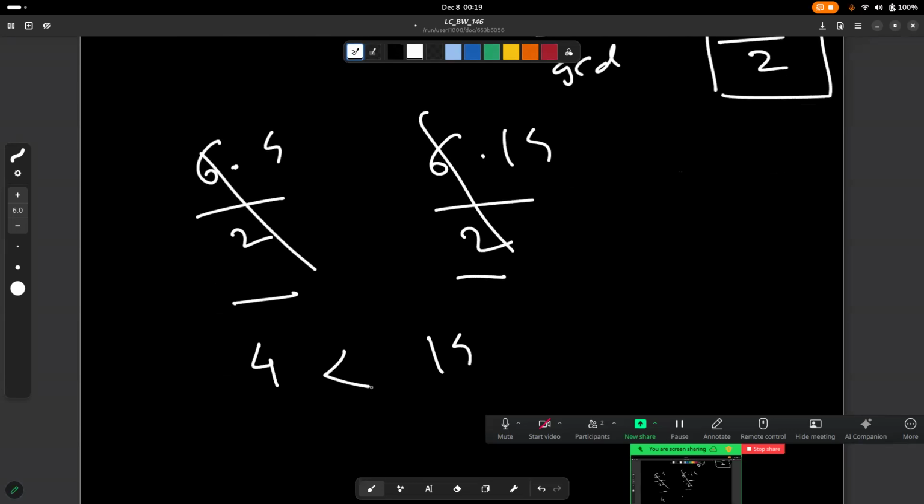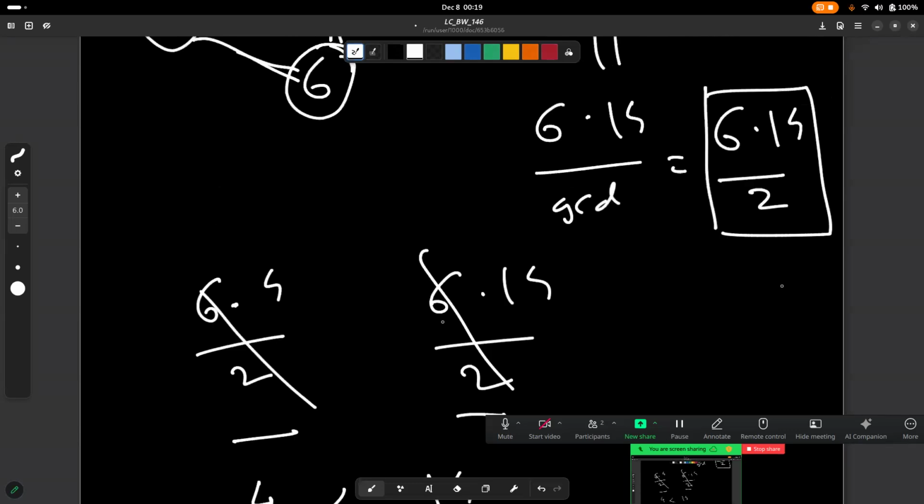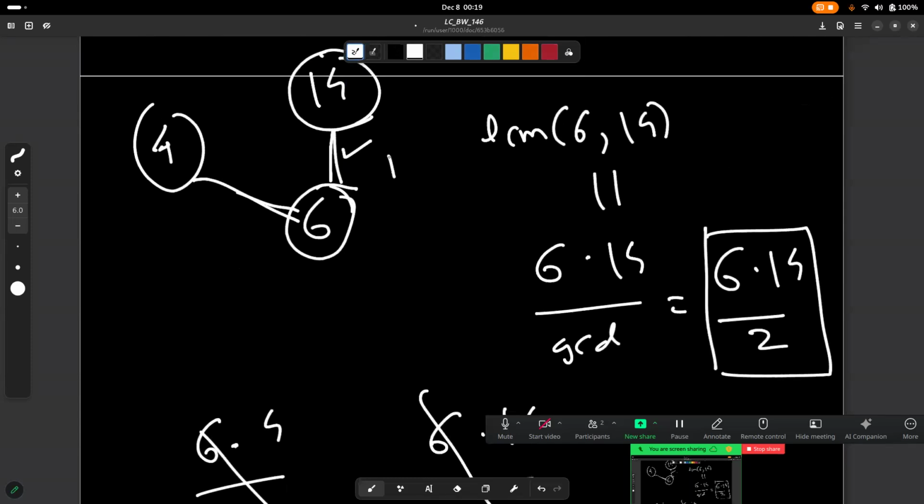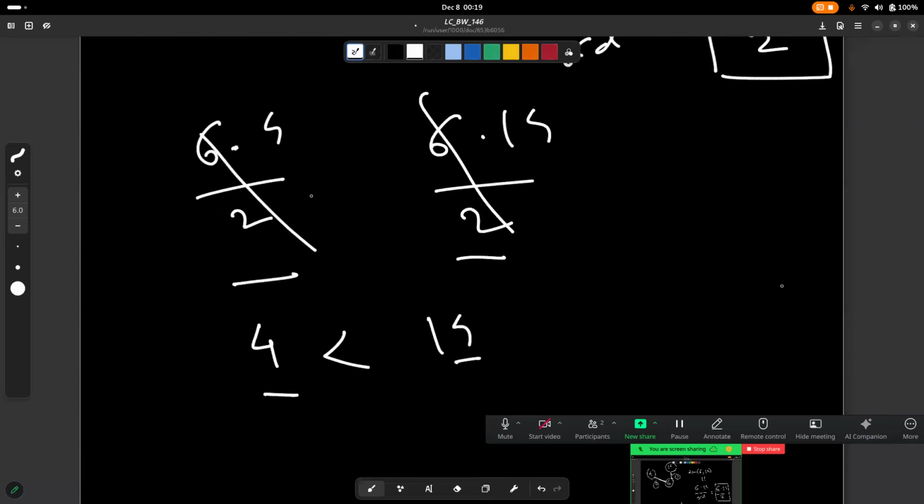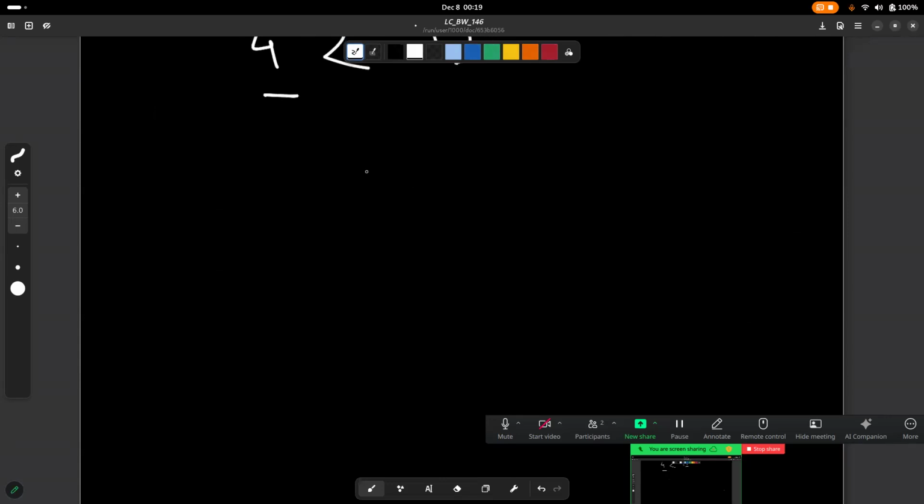So 4 is strictly less than 14. Basically, this edge 1 will have more weight than this edge 2. So if I can add the edge 6 to 14, then I can always add the edge 6 to 4. And similarly, consider one more example.